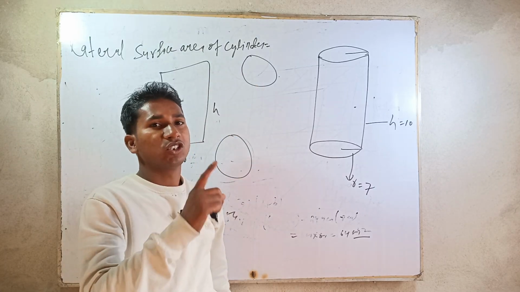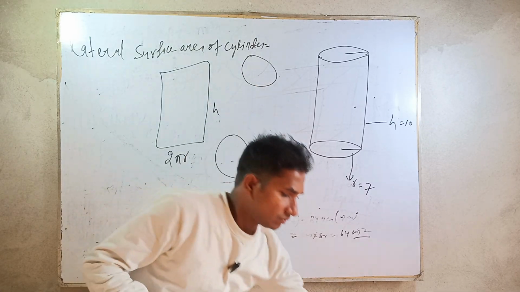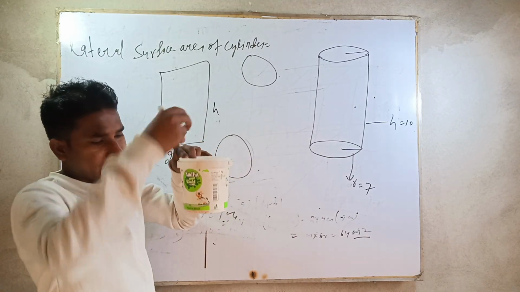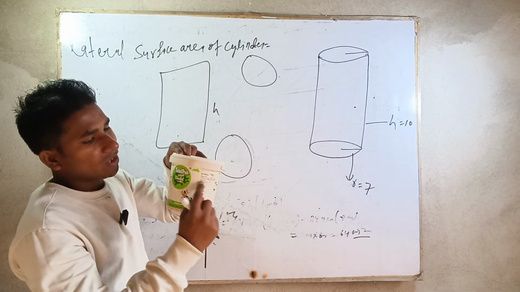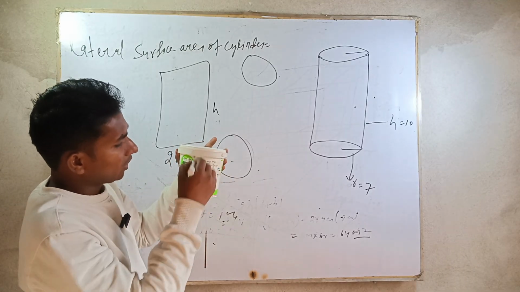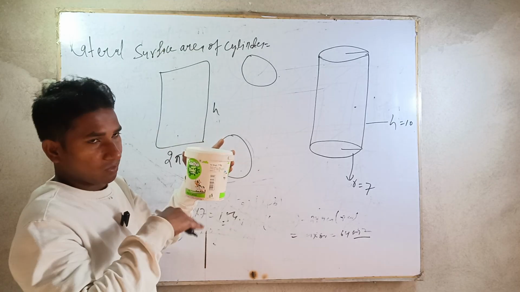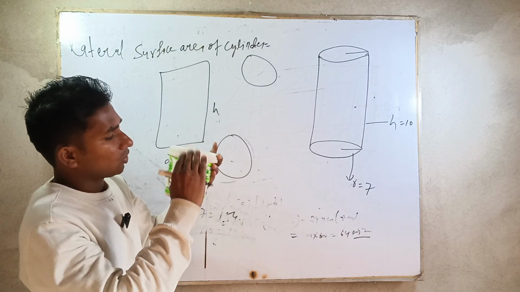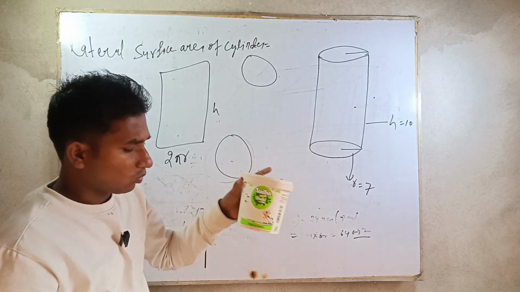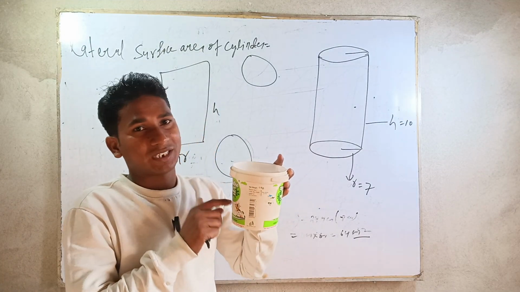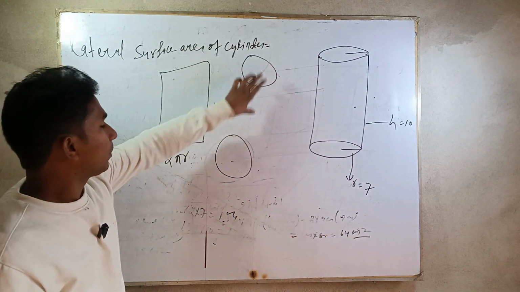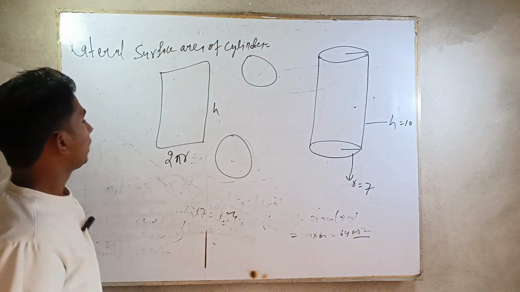I use the brush on the upper layer like this. So this is called the lateral surface area, or curved surface area, leaving the upper part and lower part.